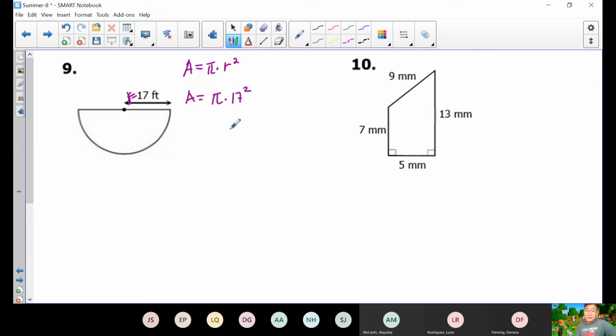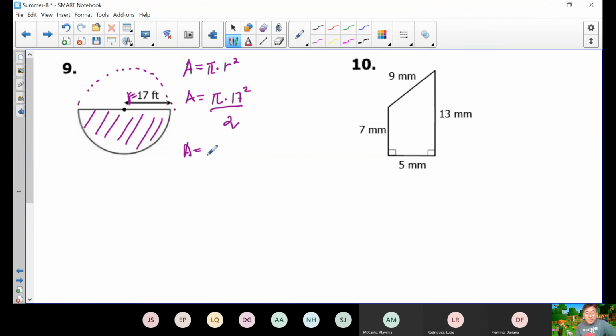Is it done? No, because what we calculate is the whole circle, right? But we only have what? Half. So we divide by what? 2. So area equals, I'll use a calculator, 17 squared divided by 2.